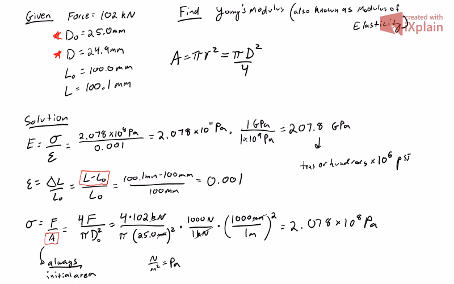The Young's modulus ends up being 29.0 times 10 to the sixth psi. And if you were to go convert back from metric to English, you would see that those two numbers are of the same order of magnitude. So again, when you're talking about Young's modulus, the numbers you should be getting are in the tens or hundreds of gigapascals, or in English units, tens times 10 to the sixth psi.